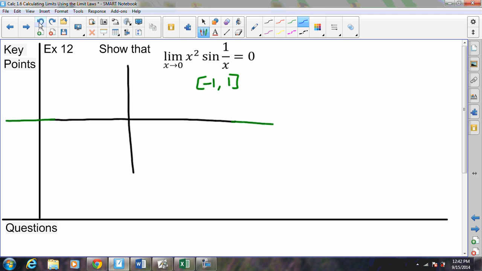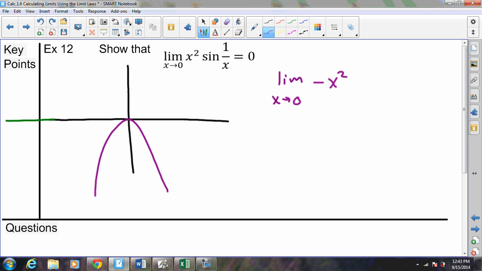Please note, this is a piece that we could say, I'm trying to think of a good way of phrasing this. If we had the limit as x approaches 0 of just negative x squared, it's going to look like this.